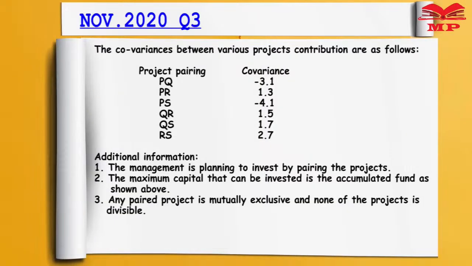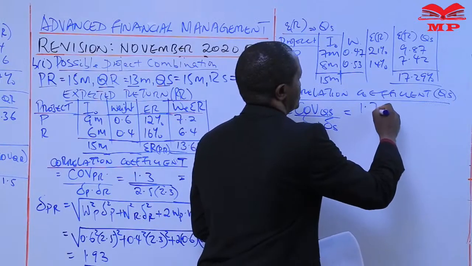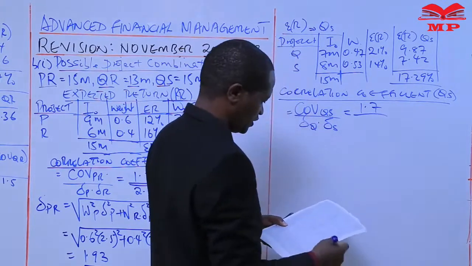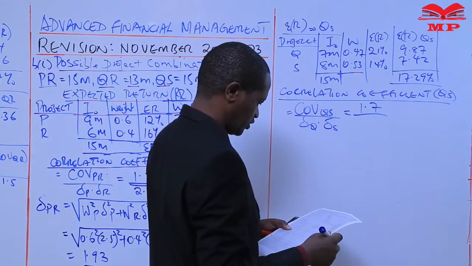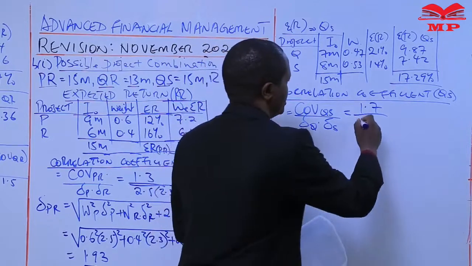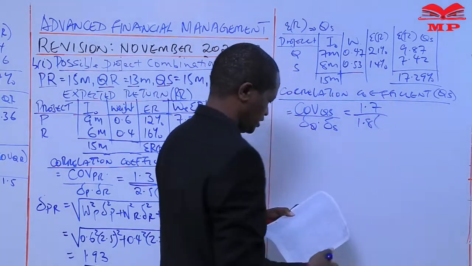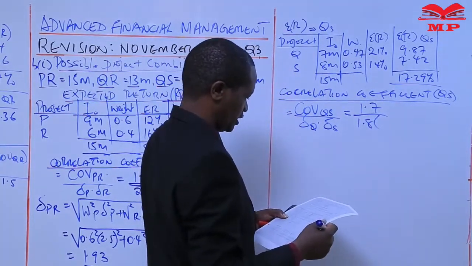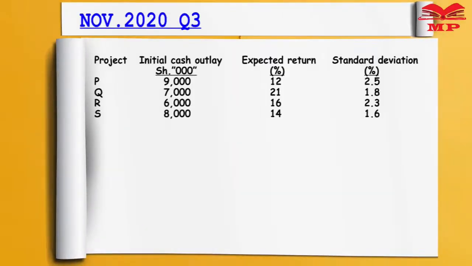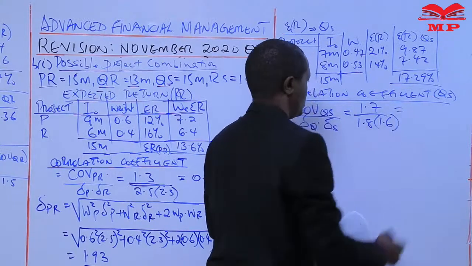Covariance of QS is provided, candidates, where it is written that the covariances between the various project combinations are as shown. Covariance for project QS, the second last, is 1.7, divided by the standard deviation, also given in the question, for Q, 1.8, times the standard deviation for S, 1.6.